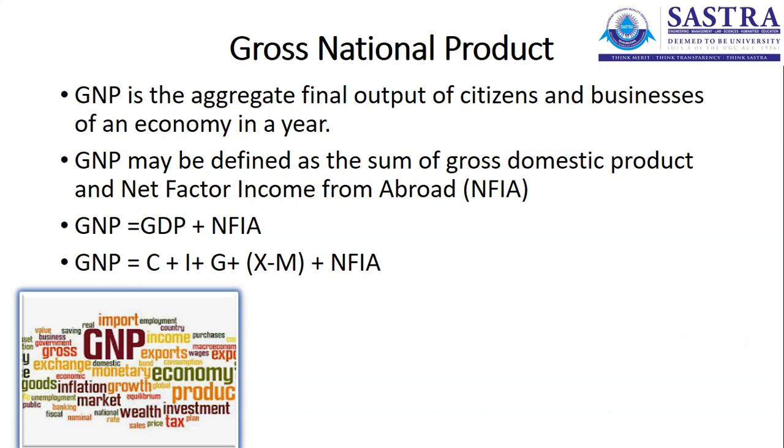It means consumption expenditure plus investment expenses plus government expenses plus exports minus imports, the net value of foreign trade, or what we can say is the balance of payments. Along with this, we take the net factor income from abroad.